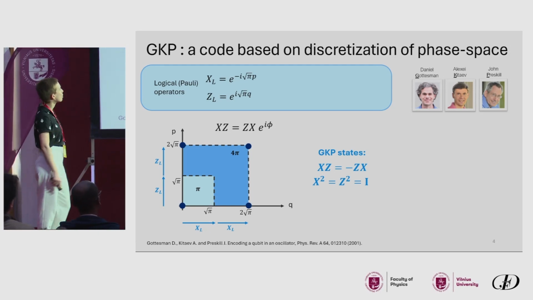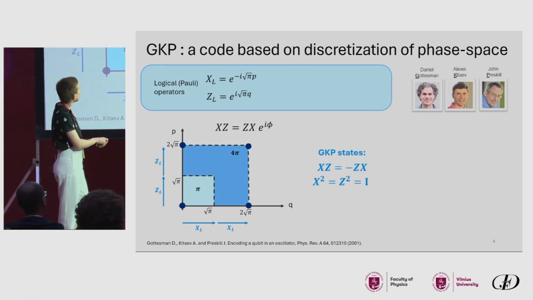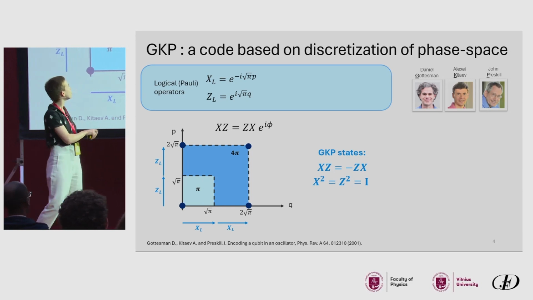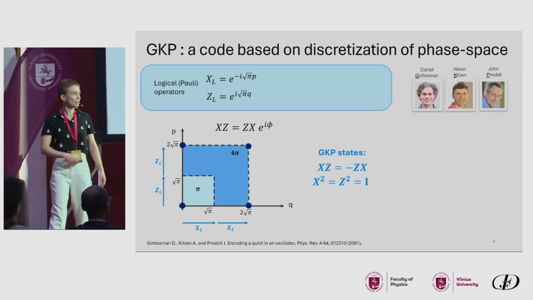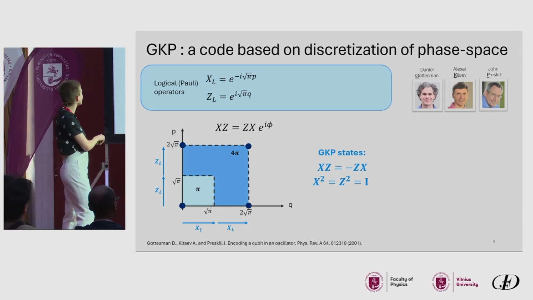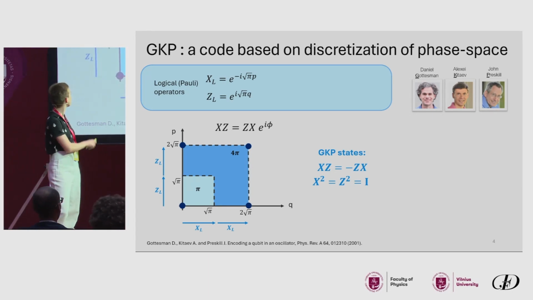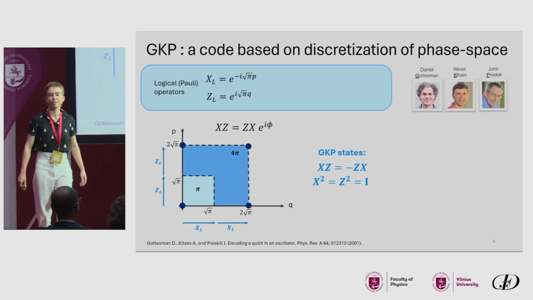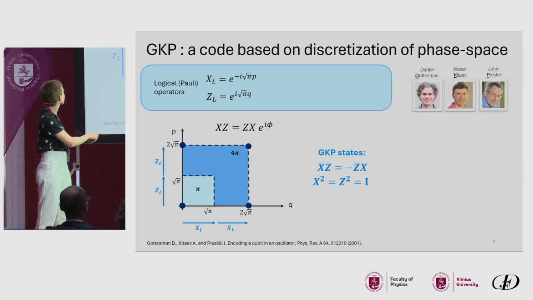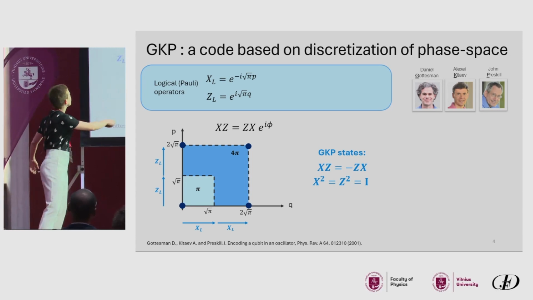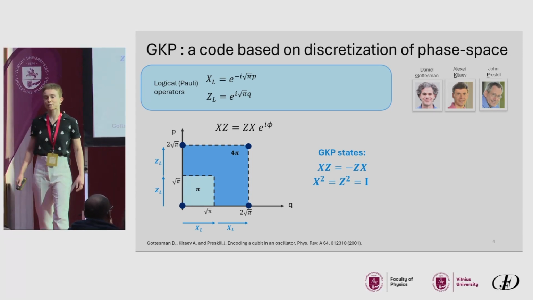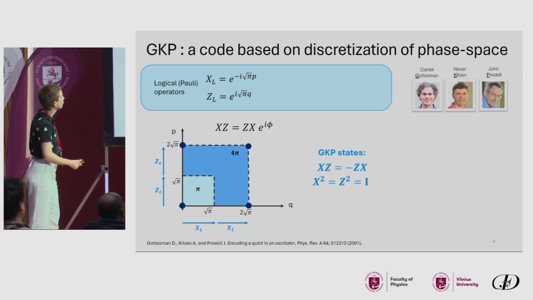So these Pauli operators have usually been defined such that if you take the square of them, you want to find identity. So this means that if we translate this state by 2 root pi here, we should get the same state, effectively defining a two-dimensional grid in this phase space picture.